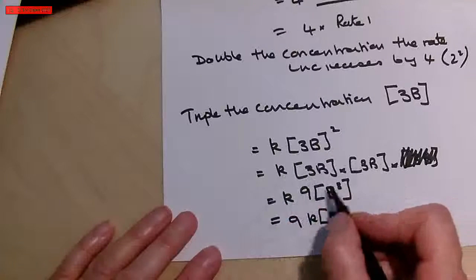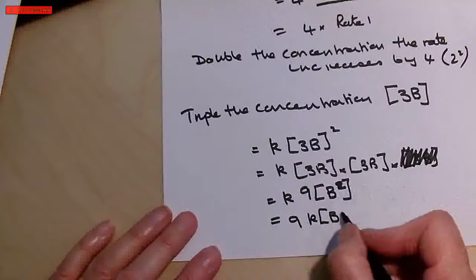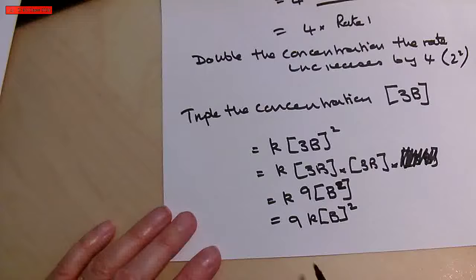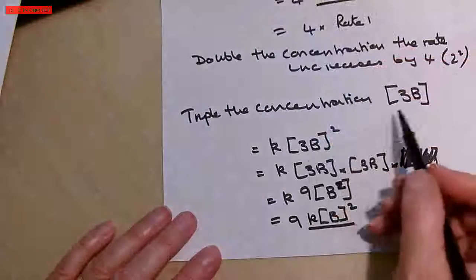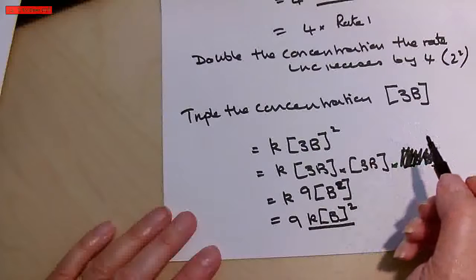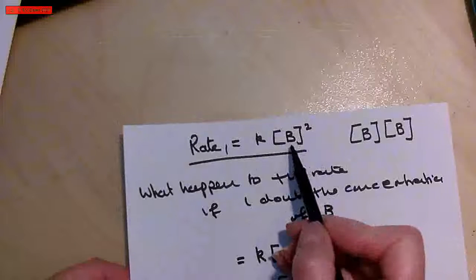So 3 times 3 is 9, and B times B is B squared. And I can just take that outside the equation, and we can see that KB squared is the same as our initial rate back up here.